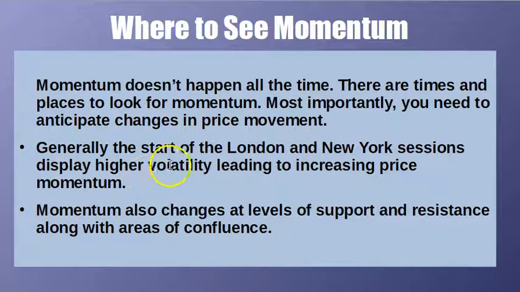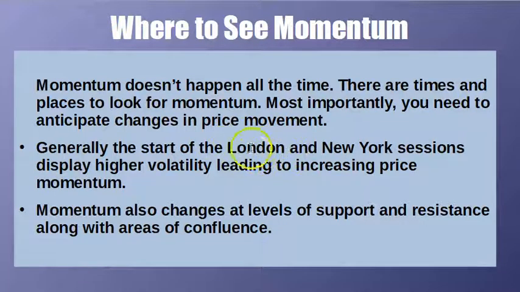Now, generally, the start of the London and New York sessions display higher volatility, leading to increasing price momentum. Okay, so that's the start of the London and New York sessions. New York session starts at 8 a.m. Eastern Standard Time. Okay, and the London session starts at 3 a.m. in the morning, and that is Eastern Standard Time as well.